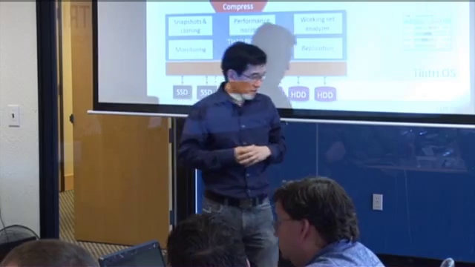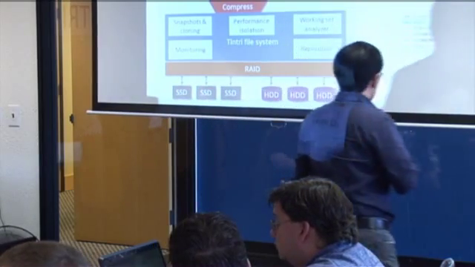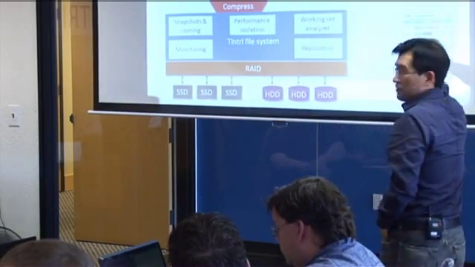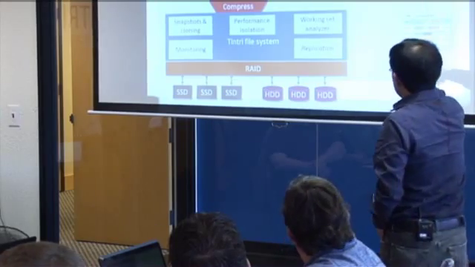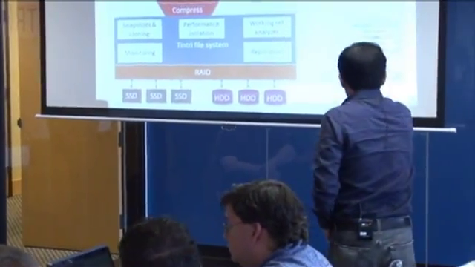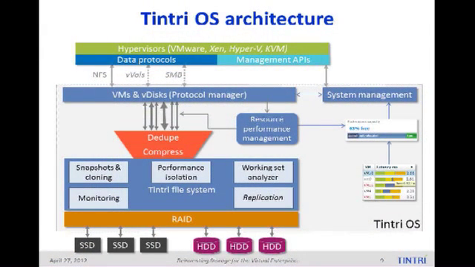So for example, one of the things we have is what we call an end-to-end latency breakdown. It tells you for each VM what the total latency of accessing storage for that VM is, but it also breaks out that latency into individual components. And you will see this very clearly in the demo.